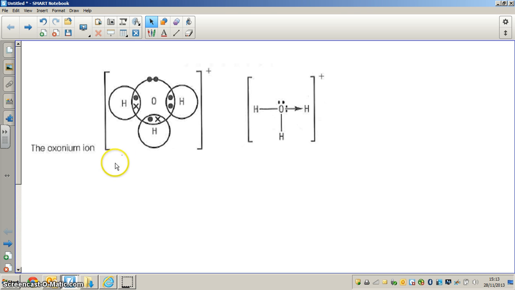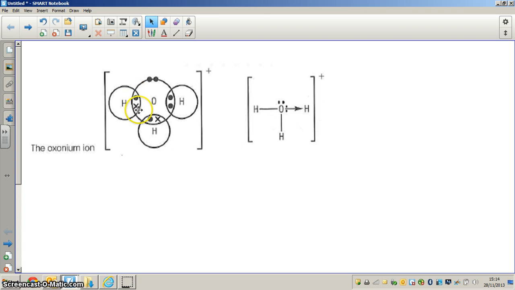So if we look at this molecule, and remember we're only talking about outer shells, we're not talking about inner electron shells, just electrons in the outer shells involved. We can see that we've got two normal covalent bonds, and here they are.